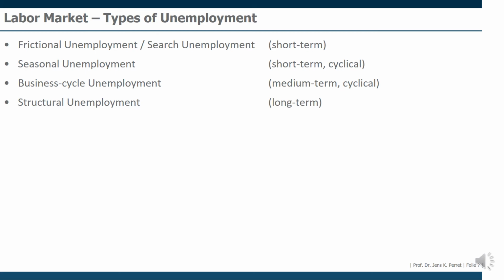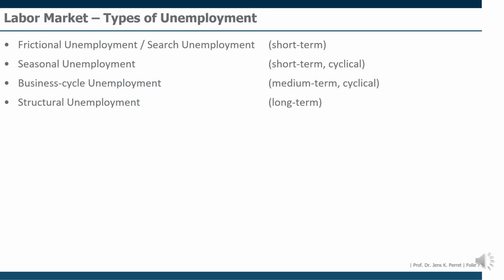Structural unemployment is slightly different, but only slightly, because this focuses mostly on the structural effects. So it's not necessarily always a consequence of business cycle unemployment, but it can be if the business cycle is also related to structural change.